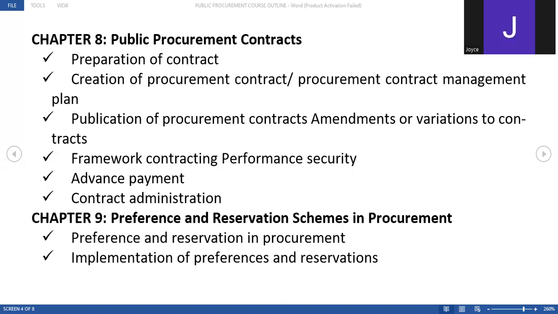And these categories are normally referred to as the marginalized or the minorities who are given a chance. For example, the youths form part of this category. The women are part of this category, local contractors, and others. How then do we implement preference and reservation? So we will also talk about that.